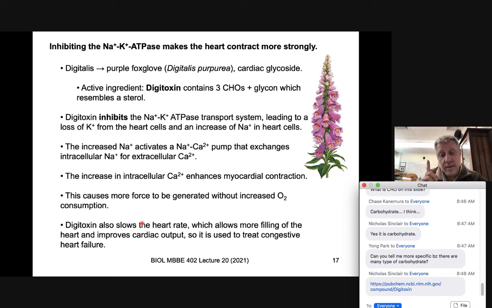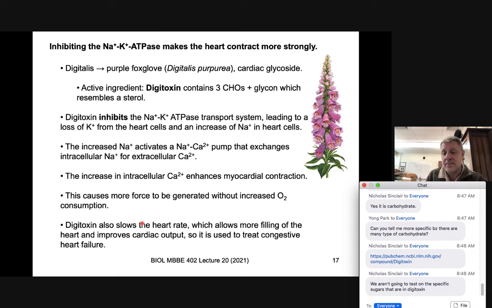Now, the important thing with digitalis or digoxin is that it's highly poisonous. So it has what we call a narrow therapeutic index. If you take too much of this, it's going to kill the transport systems, all of them, and cause you to die. So don't go out and chew on a load of these purple foxgloves because you'll most probably kill yourself.